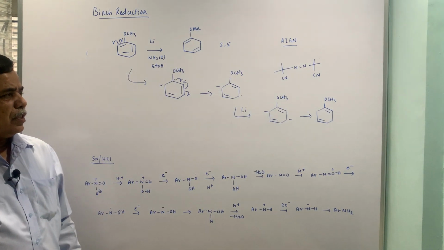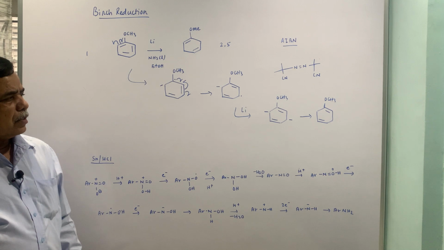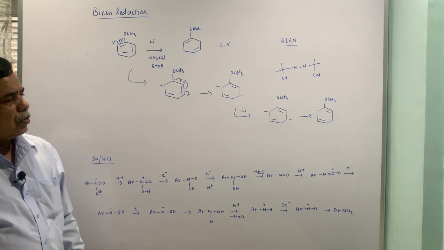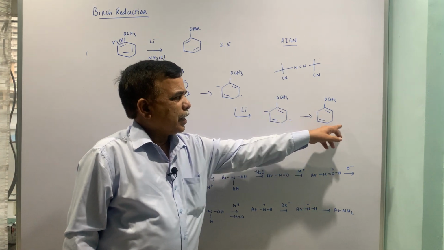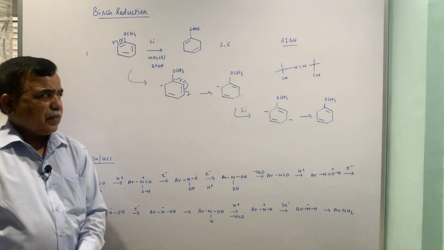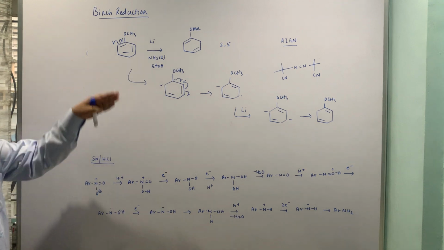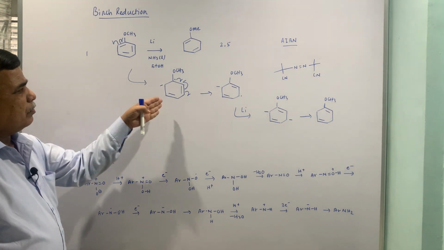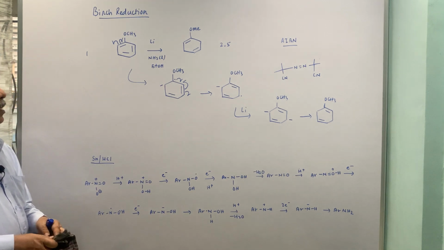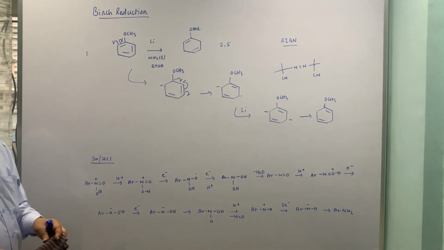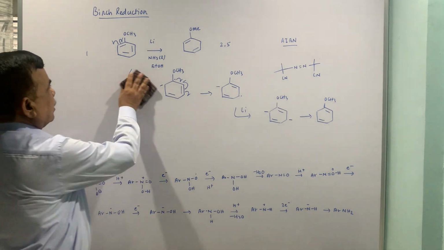The relative position is 1, 2, 3, 4, 5: the 2,5 position. So 2,5 position is reduced, and that is the mechanism. The role of lithium is to give one electron whenever necessary, and the role of ethanol is to provide the proton which is necessary.